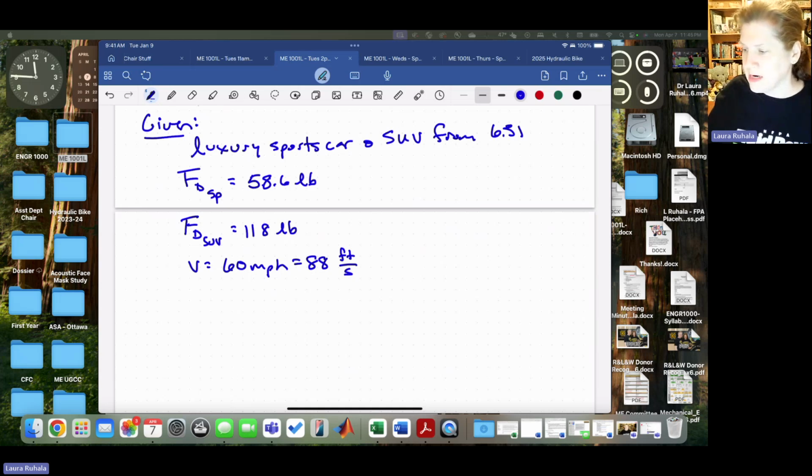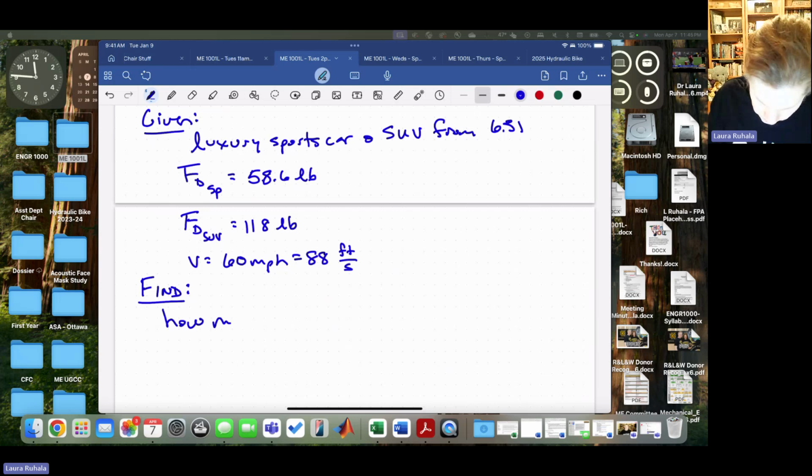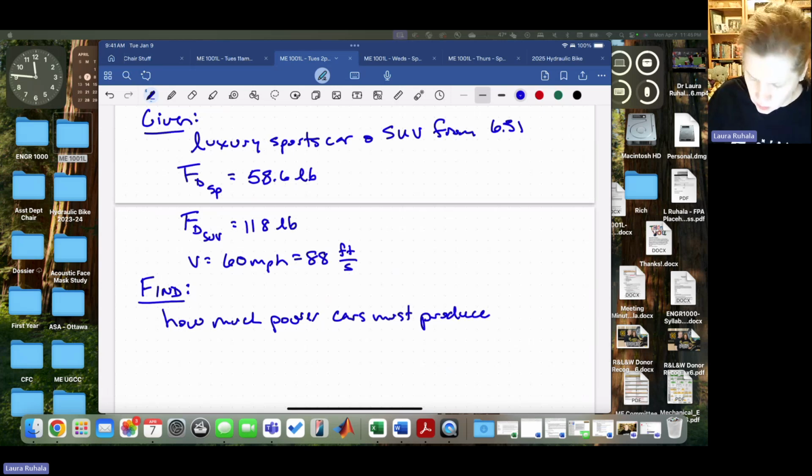All right, so what we need to do is find how much power the cars must produce to overcome the drag force from air.